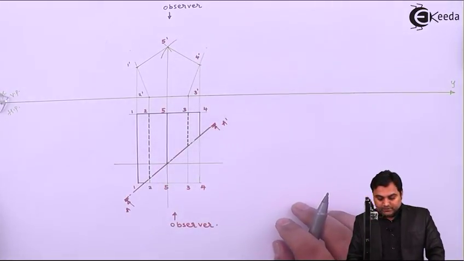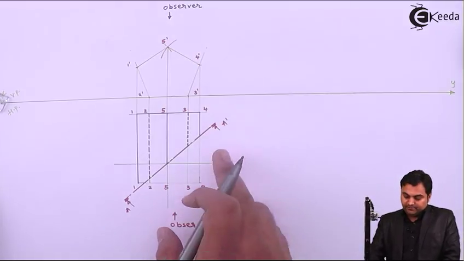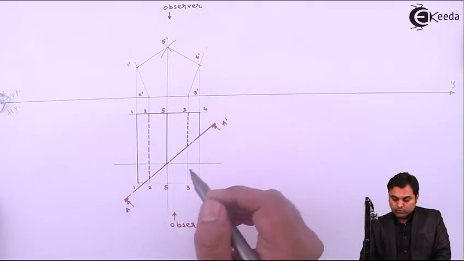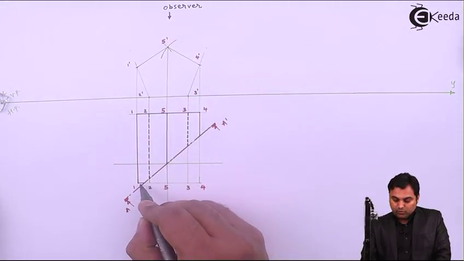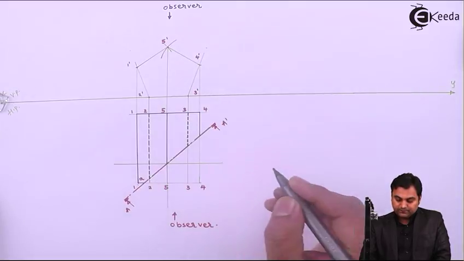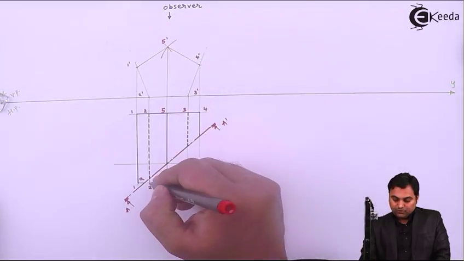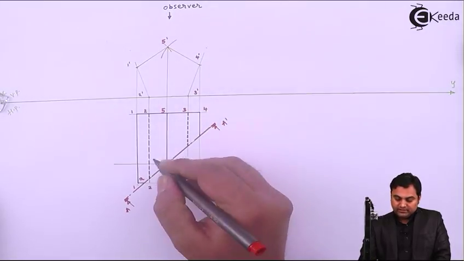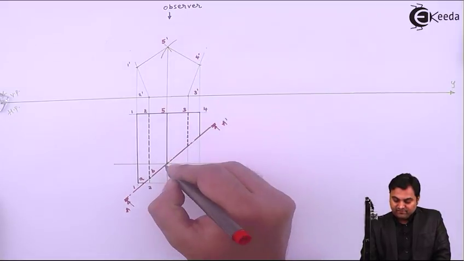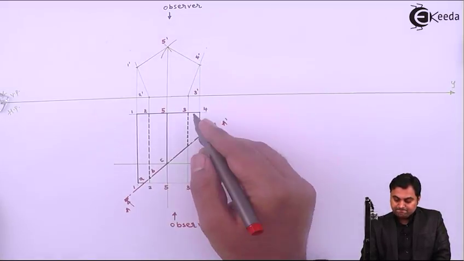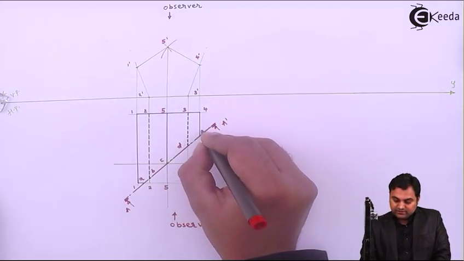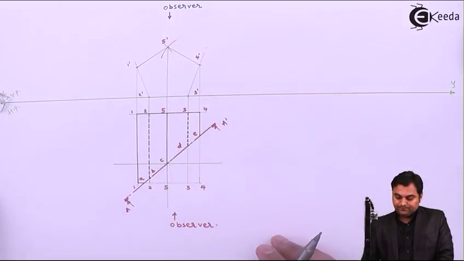Now here, if we look at this diagram where the cutting plane is cutting this prism, here we have edge 1 2, so it is cutting this edge 1 to 2 at a location, I'll say that is point A. It is cutting edge 2 2 at this location, I'll say that is point B. 5 5 is cut at this location, that is C. 3 3 at this location, so that is D. At last there is 4, so point E.